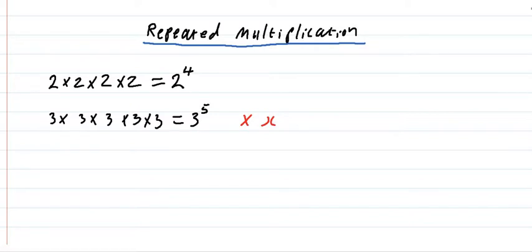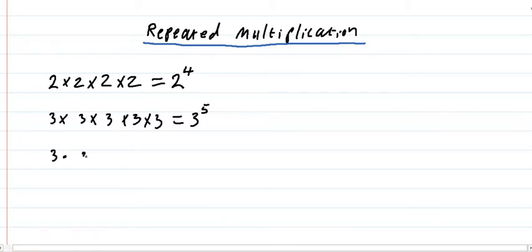So where it's obvious, what I'll be doing is writing out 3 dot 3 dot 3 dot 3 dot 3, and the dot here will indicate a multiplication symbol, so that will still be 3 to the power of 5.